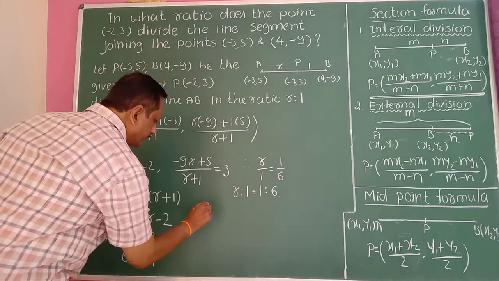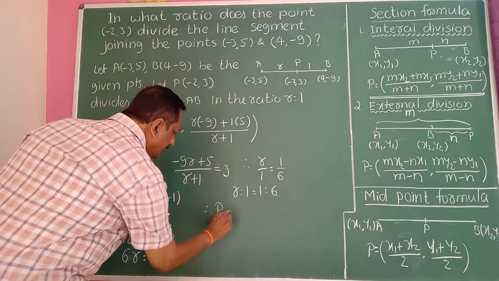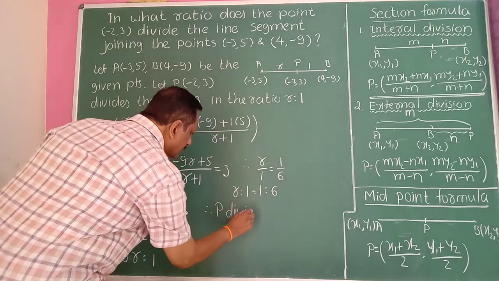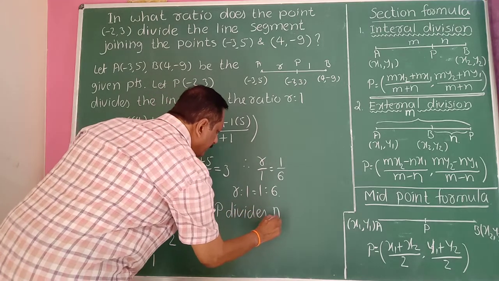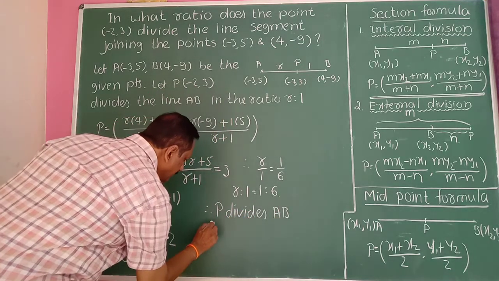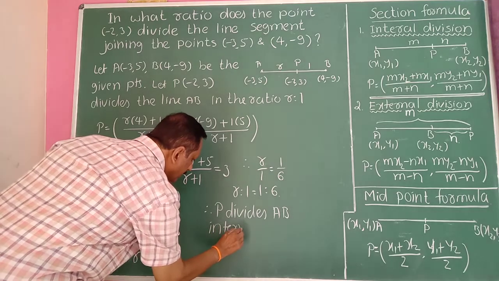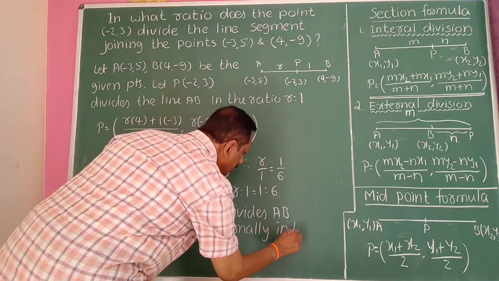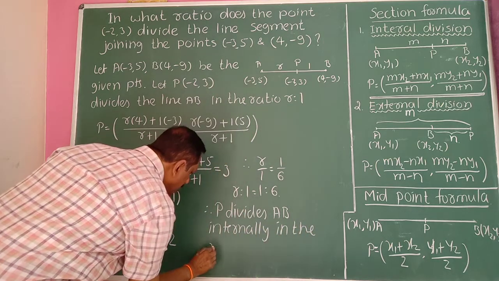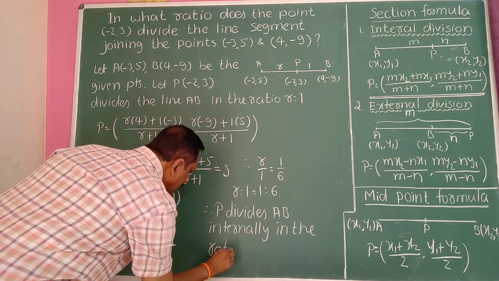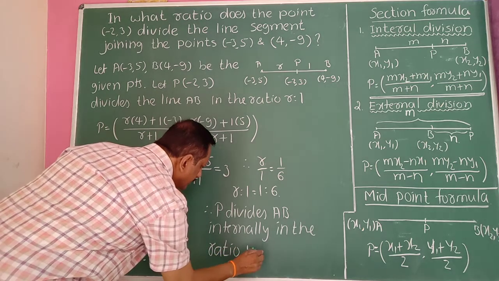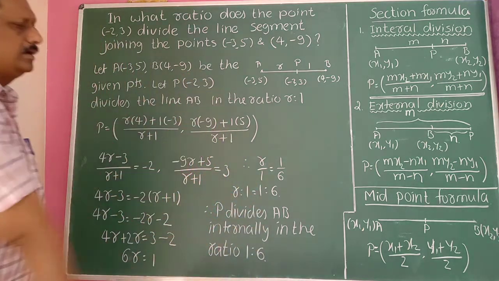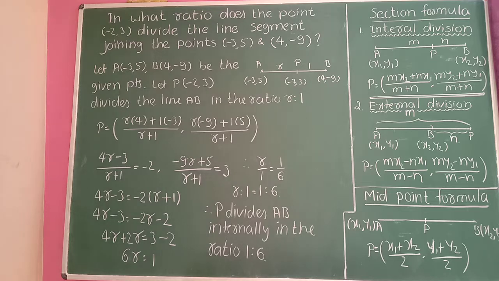Therefore P divides AB internally in the ratio 1:6 here. Okay, so this is the answer.